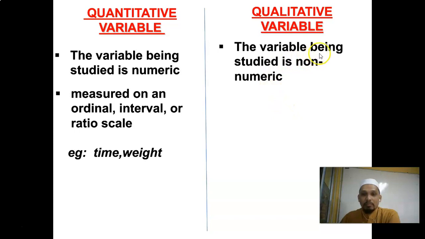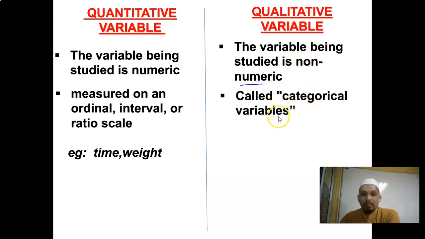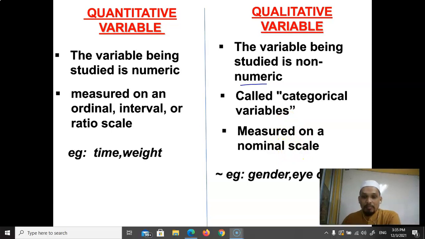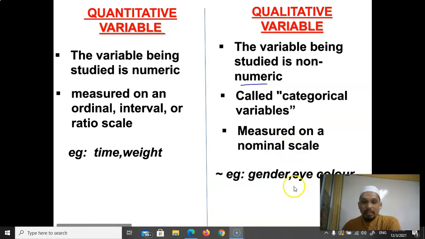For a qualitative variable, the variable being studied is non-numeric. These are categorical variables, for example, gender, and color. So we cannot measure the gender. Gender can be only man or woman, male or female, boy or girl.